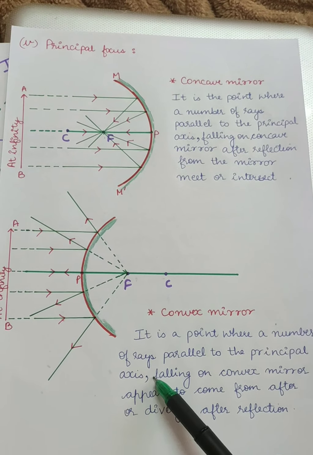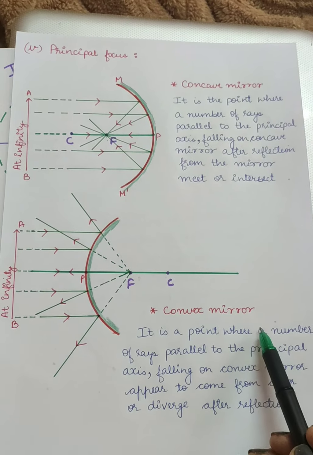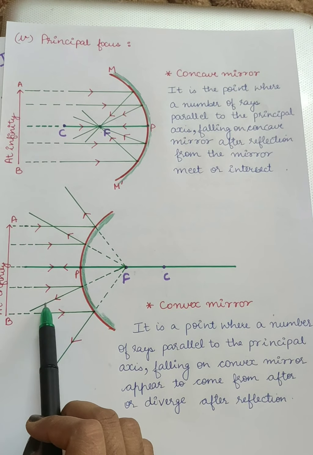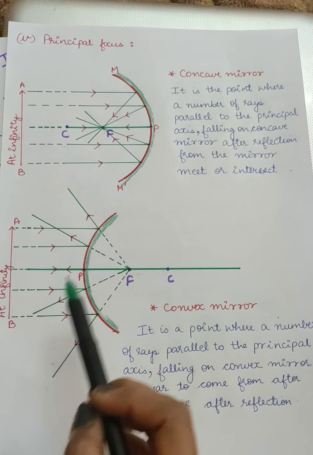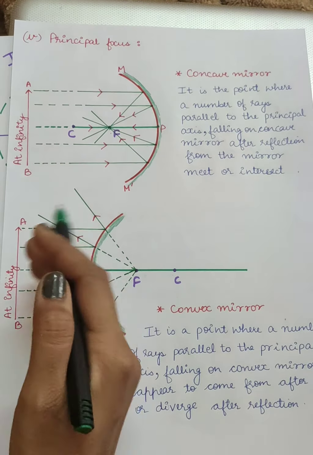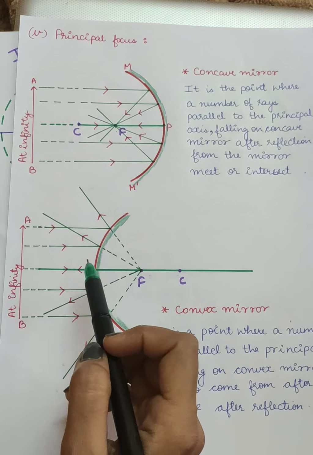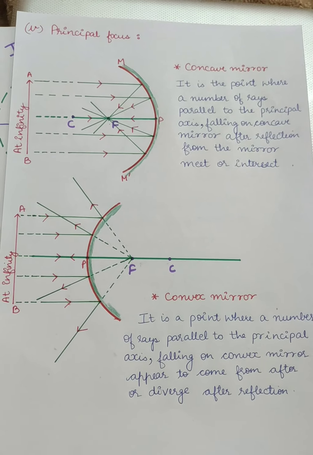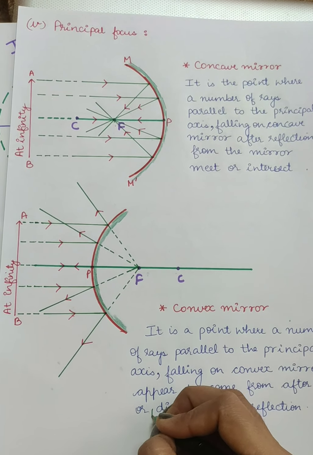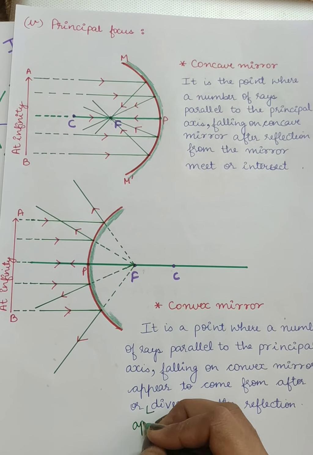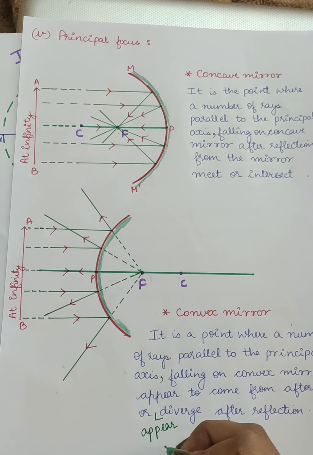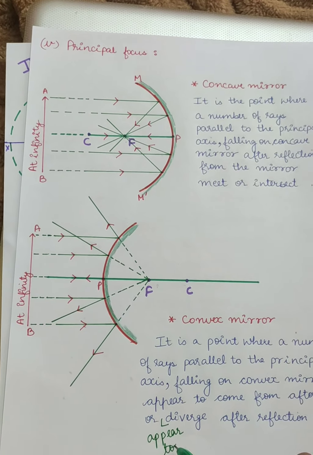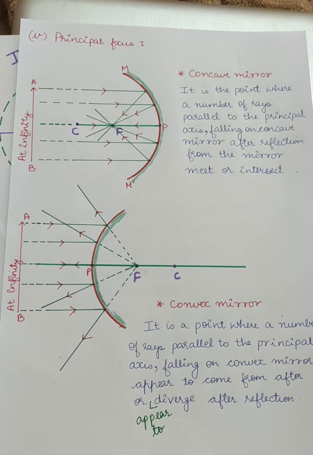Now coming on to the definition for convex mirror, it is a point where a number of rays parallel to the principal axis falling on the convex mirror appear to come from, or appear to diverge after reflection. So it would be better if I write here, or appear to diverge. They are actually not diverging, but they are appearing to diverge after reflection.